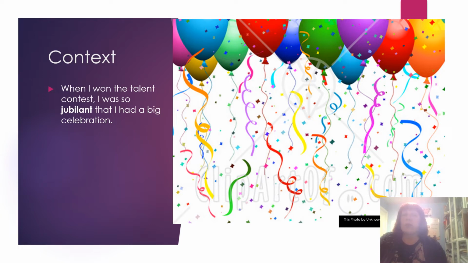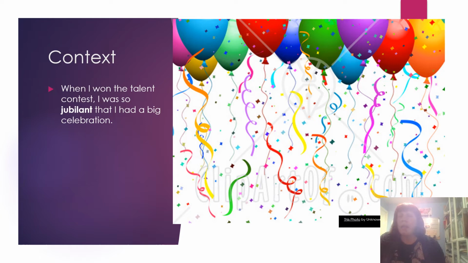Secondly, you need to think about the context of the sentences that you're reading. That means when you find a word that you don't understand, have a look at the sentence and try to work out what it might mean. So here we have a sentence. When I won the talent contest, I was so jubilant that I had a big celebration.